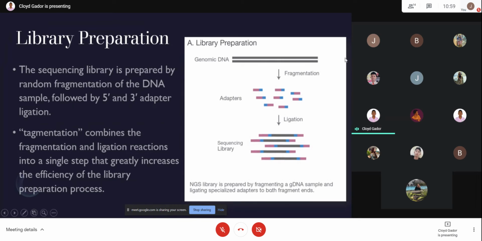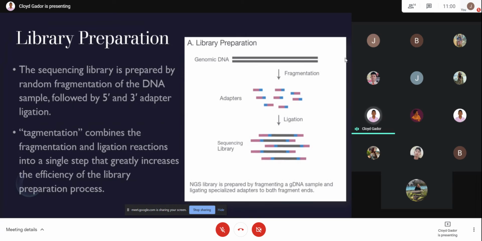In the library preparation, the genomic DNA is isolated, and then fragmentation of this DNA takes place to generate smaller fragments.